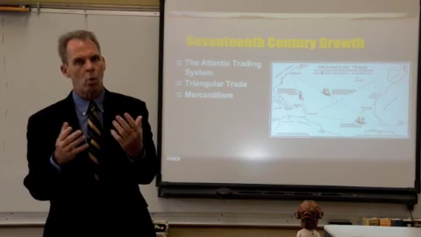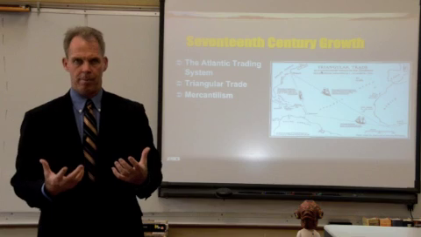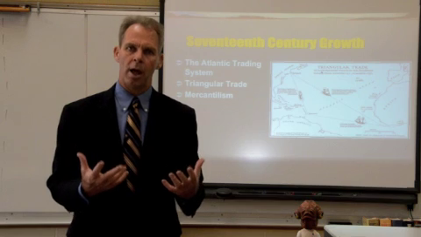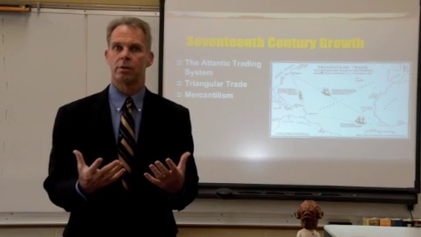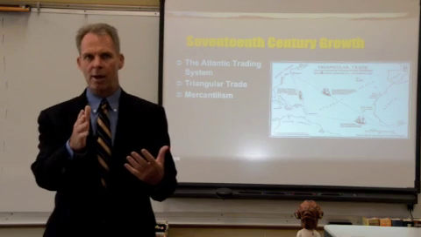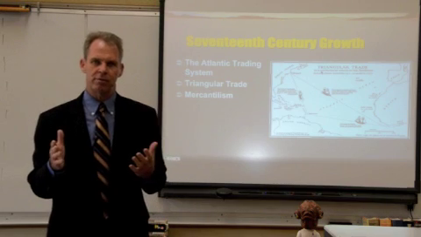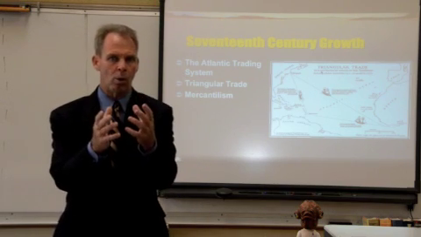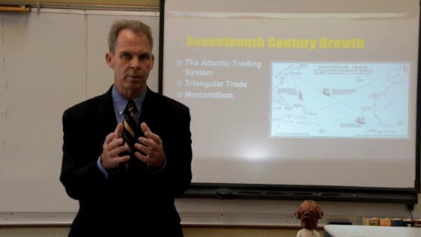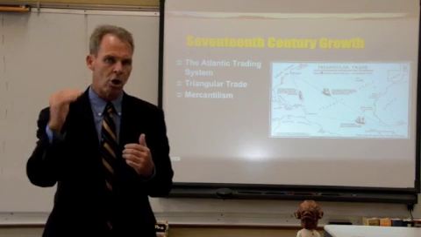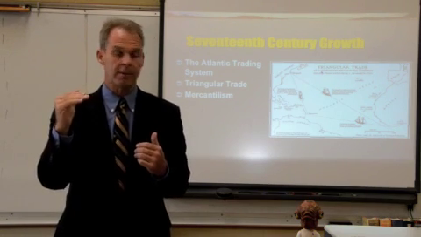Number two, what do you need in order to have a powerful nation? You need large supplies of gold and silver. Bullion, not that which you have on Saturday afternoons or add as a spice to your different food sources, but bullion, gold and silver, are needed. So nation determines economic transactions. Number two, large supplies of gold and silver are needed.